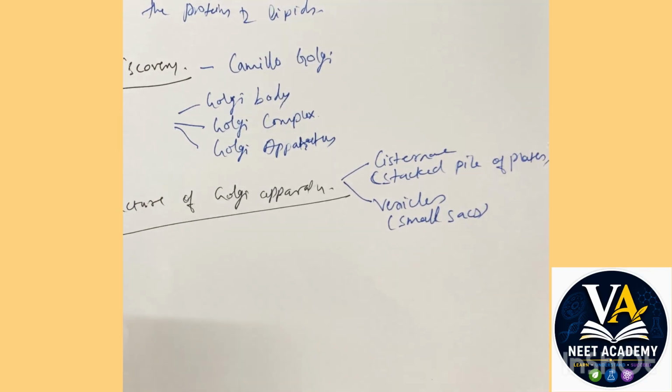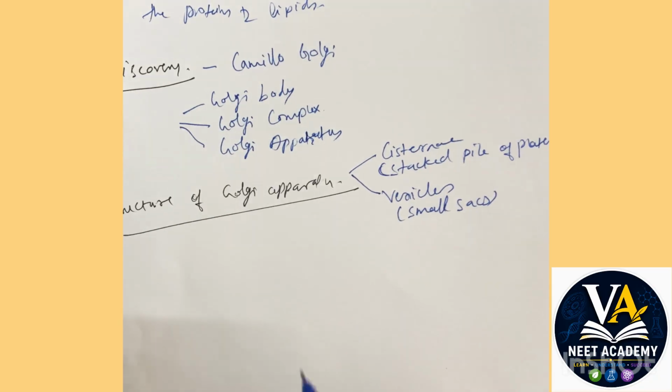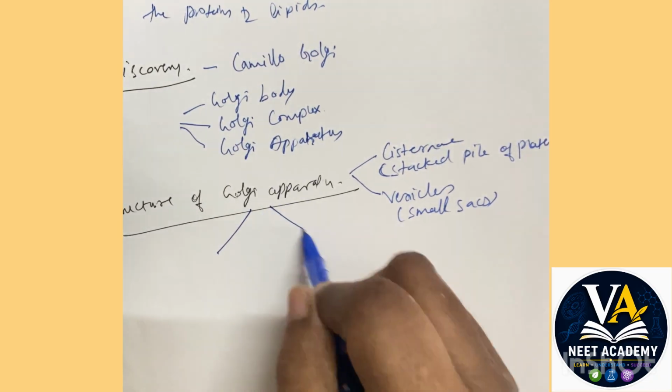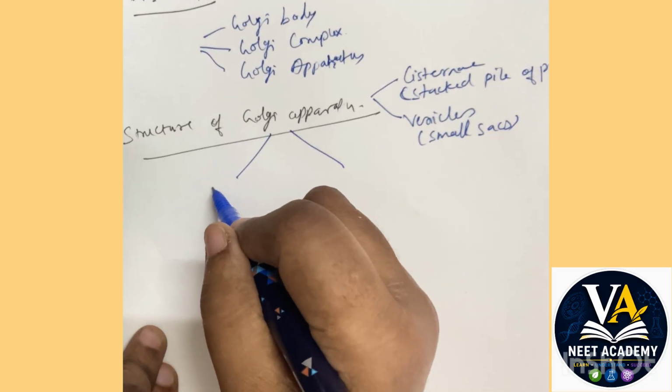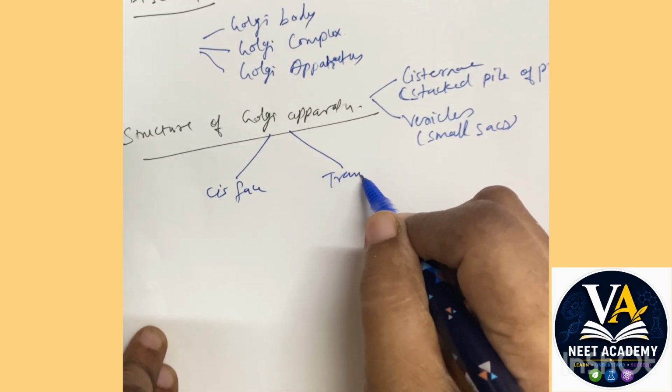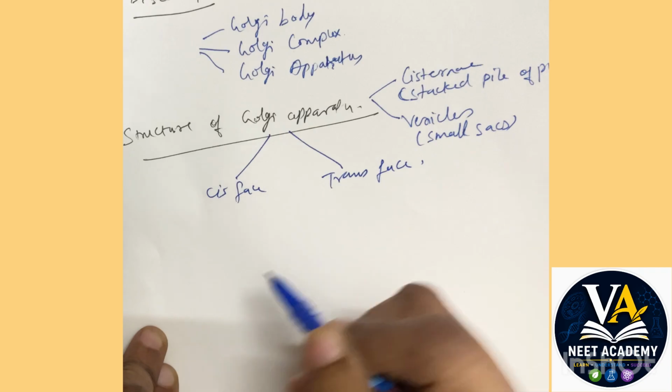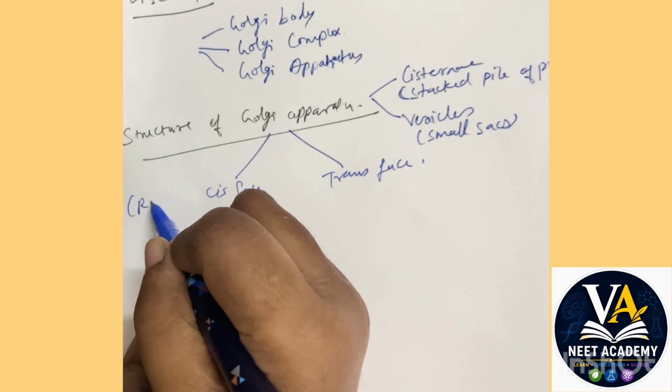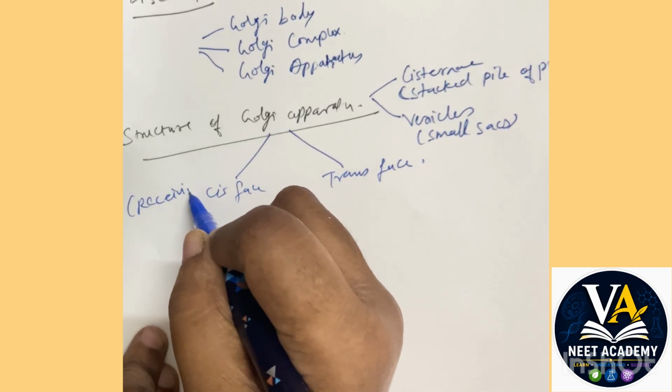Clear, students? Okay. So this Golgi apparatus has two faces in the diagram. One is called the cis face and the other is called the trans face. Okay. Cis face is also called the receiving end.